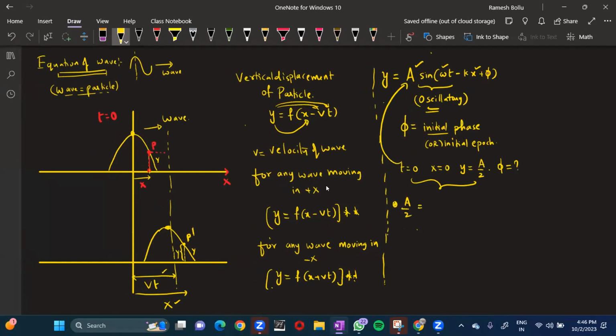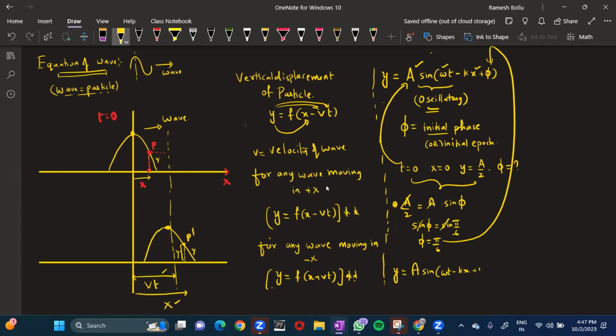A by 2 equals A sine phi. A cancels out. So sine phi is equal to how much, children? Sine 30, I mean phi by 6. Sine cancels out, so phi is equal to pi by 6, children. Substitute here. So you will get y equal to A sine of (omega t minus kx plus pi by 6).